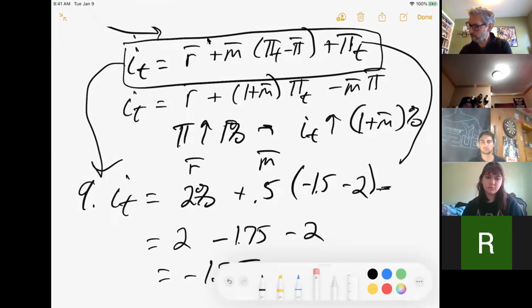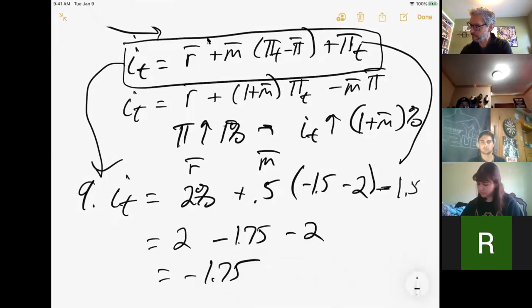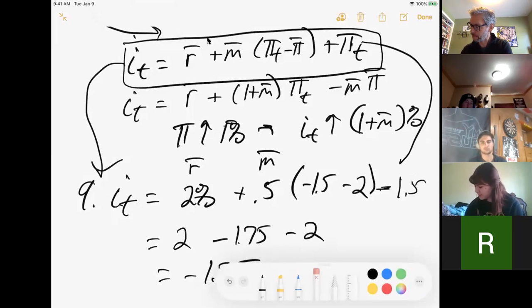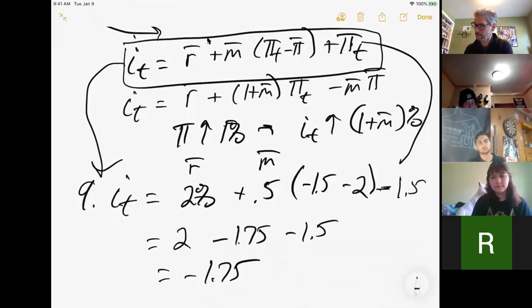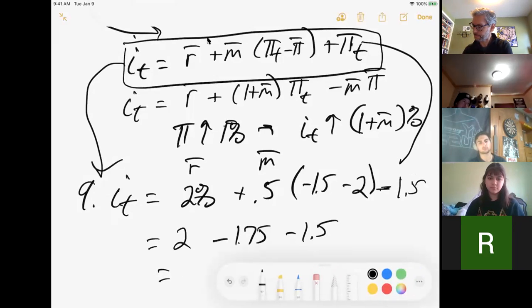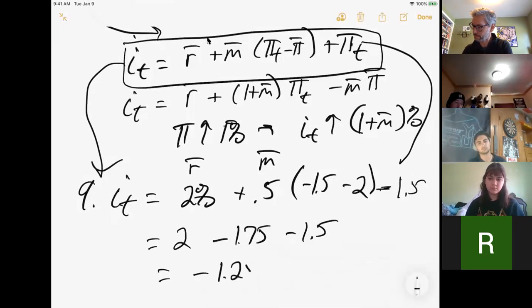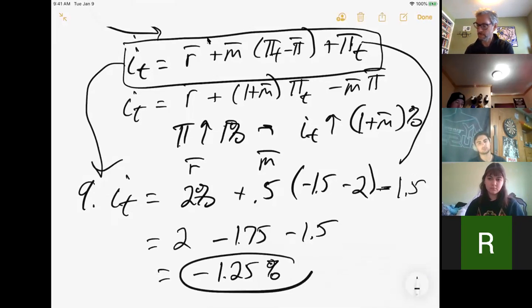This should be negative 1.5. So the central bank's targeted nominal interest rate should be negative 1.25%.